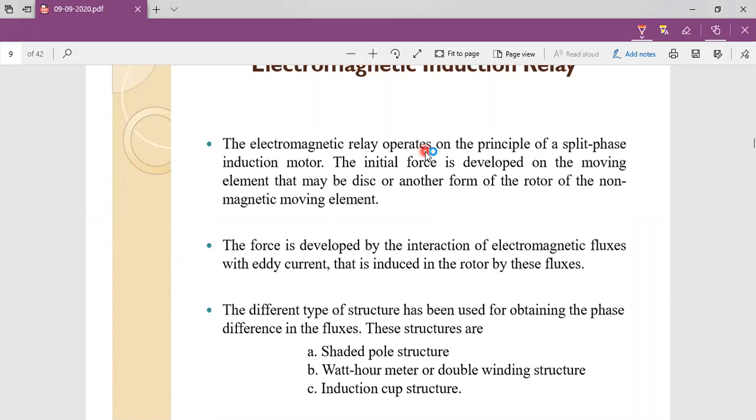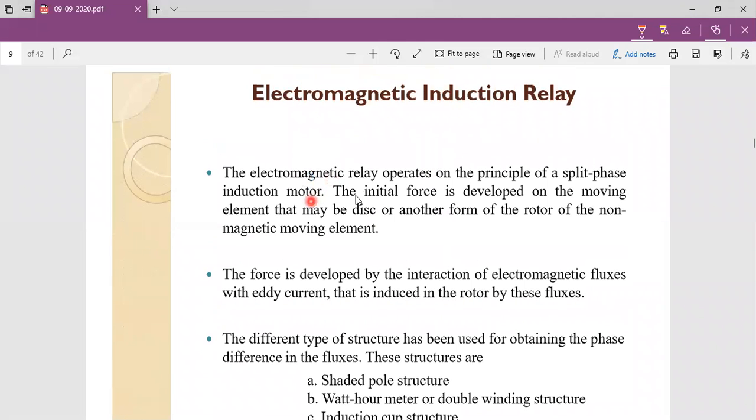First point: the electromagnetic relays operate on the principle of split phase, because we provide two fluxes with a phase difference in the air gap. That arrangement is split phase, like a single phase induction motor.